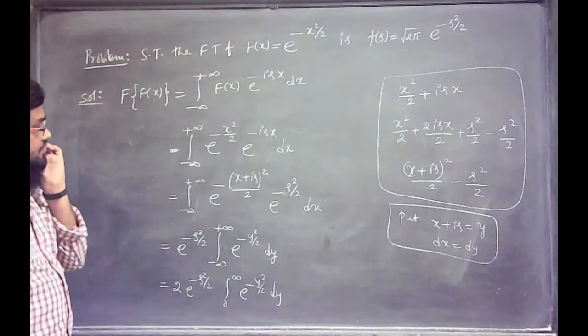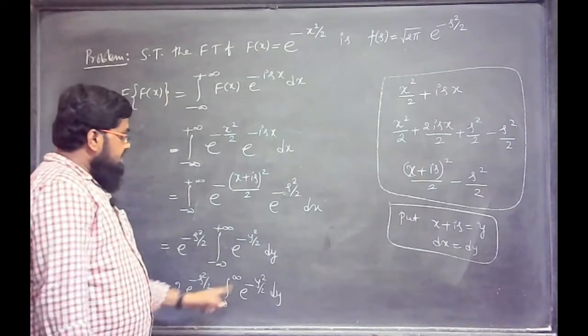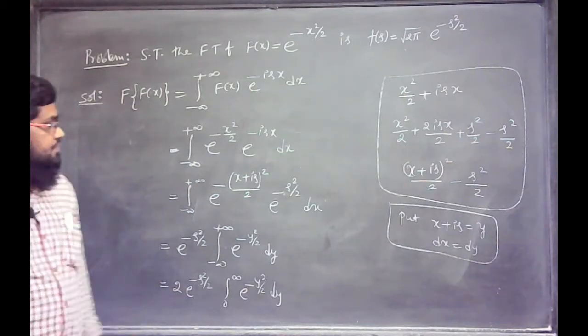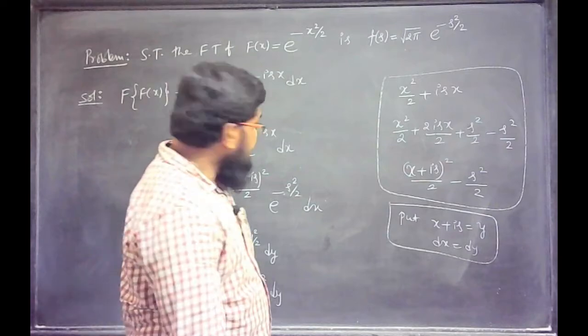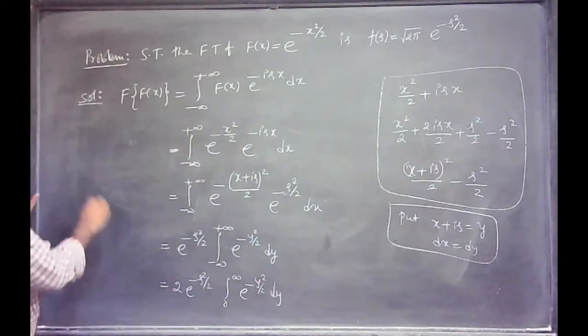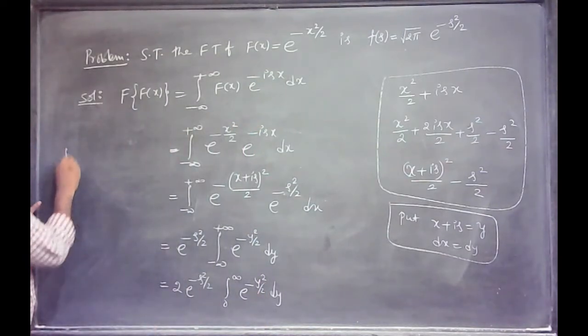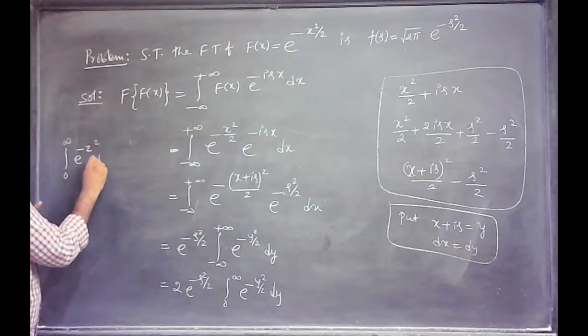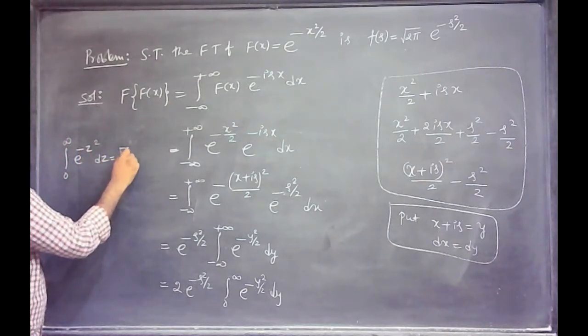So this integral, we need to convert this integral. So do one thing. Here we do a change of variable, because I know that the integration from 0 to infinity e power minus z square dz is equal to root pi by 2.